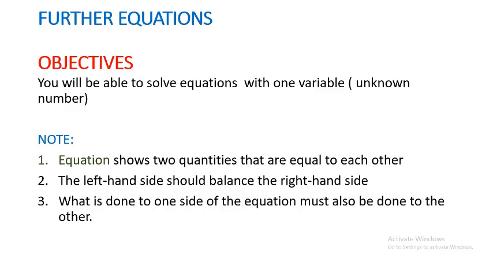So that's what it means. If you subtract from the left hand side, you should also subtract from the right hand side. If you add something on the left hand side, you should add the same on the right hand side.